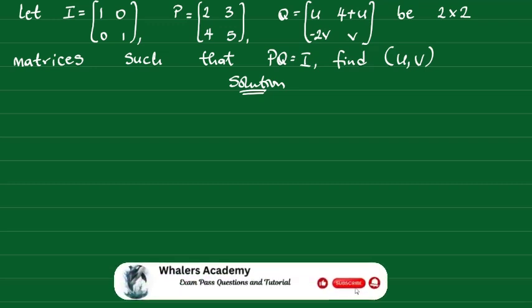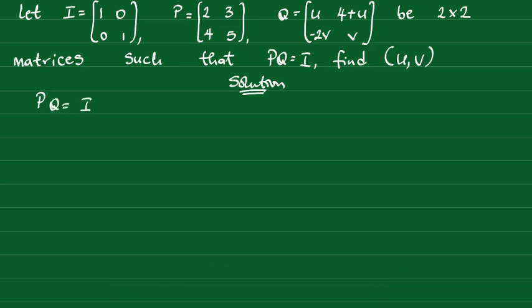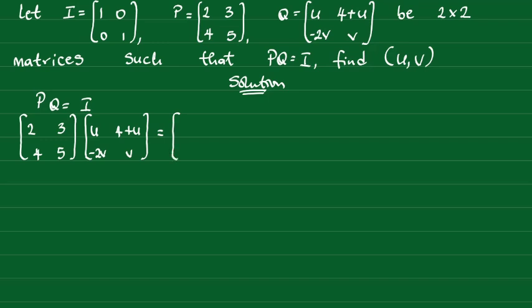So given that PQ is equal to I, we have it that P is (2 3 4 5), and Q is (U 4 plus U, minus 2V V), which is equal to I, a 2 by 2 identity matrix, (1 0 0 1). Now, having noted this, we proceed with our multiplication.